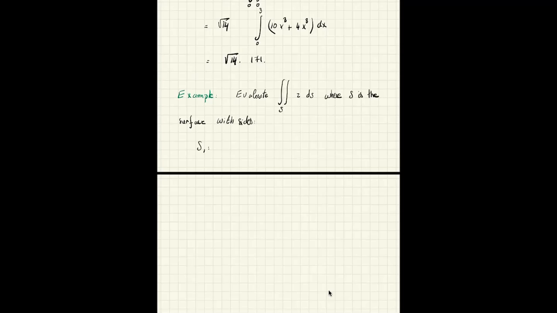S1, which is the cylinder, x squared plus y squared is equal to 1. S2 is the disk, x squared plus y squared less than 1 in z equal to 0. And S3 is the plane z is equal to 1 plus x. Okay?